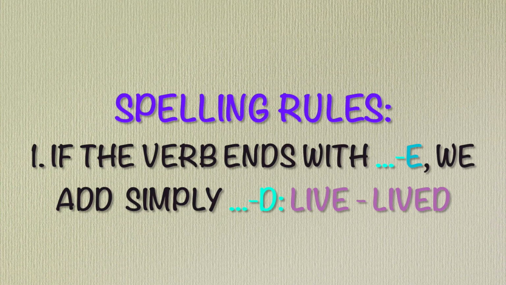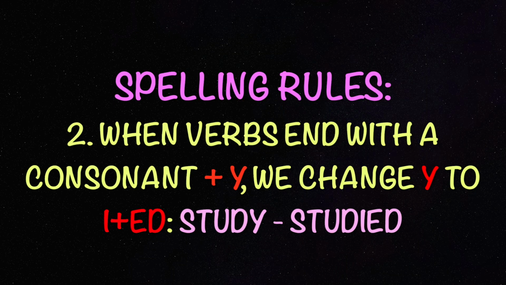Now let's talk about the changes which happen when we add ed to the verb. So we have some spelling rules, and the first one is that if the verb ends with e, we add simply d at the end of this verb. For example, live, lived. Secondly, when verbs end with a consonant plus y, we need to change y into i plus add ed.